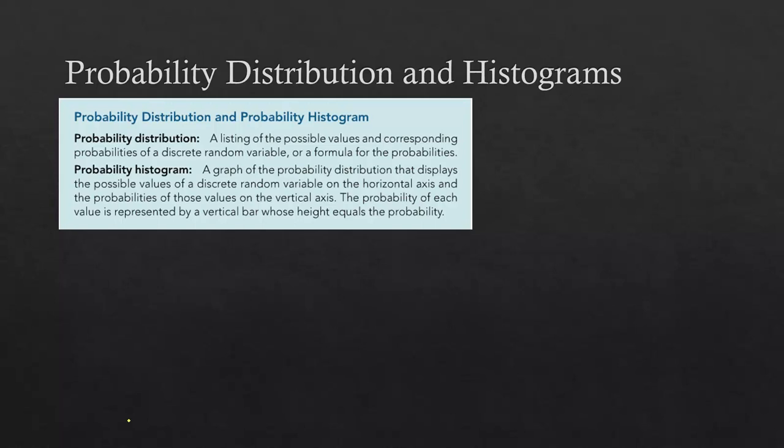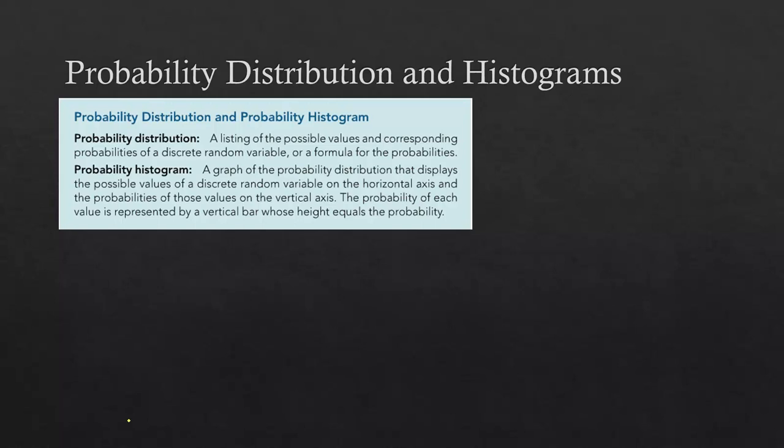So they give you the probability that these things are going to happen and show it to you in 2 different forms: the distribution form, which will involve a t-chart, and the histogram form, which of course is a picture illustration for us to be able to see the probability.